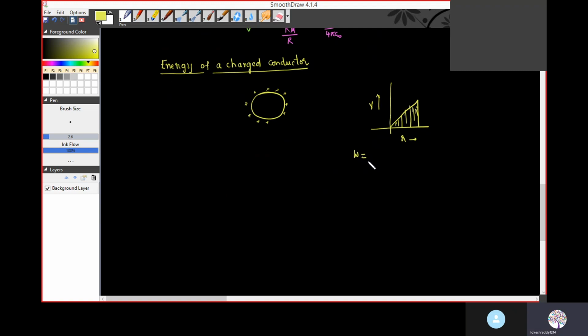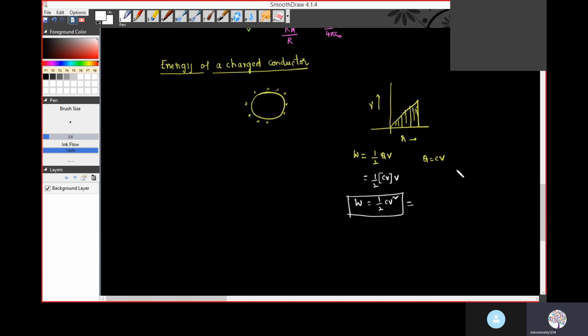So from that, work done is equal to the area, half into base into height, half into Q V. But we know Q is equal to C V, so this is half into C V into V, that is half C V square.